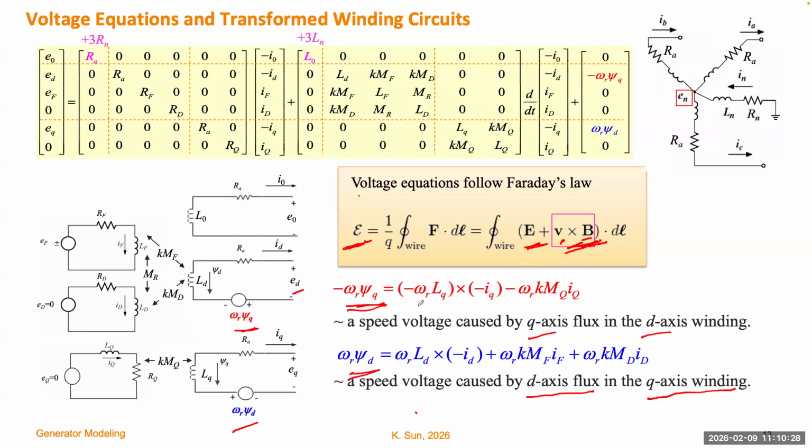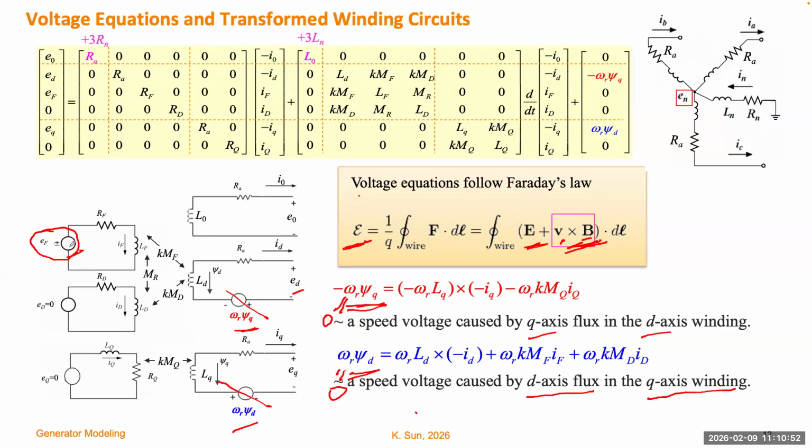Okay, so for a generator, if the speed is 0, what will happen? Those two will be gone. So the electricity going to the grid will be mainly from this field winding, because that becomes the only source in the whole circuit. But keep in mind the voltage in the field winding is very low.